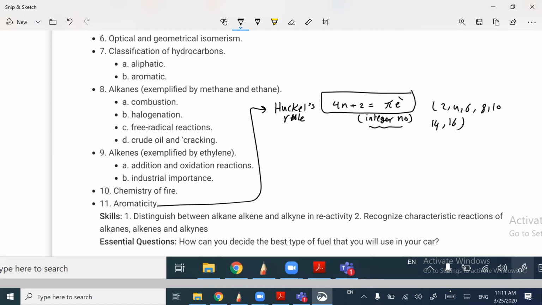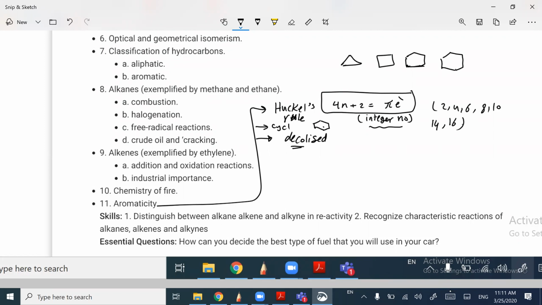The second condition is delocalized. Before that, the compound must take the shape of a cycle, starting from 3, 4, 5, 6.